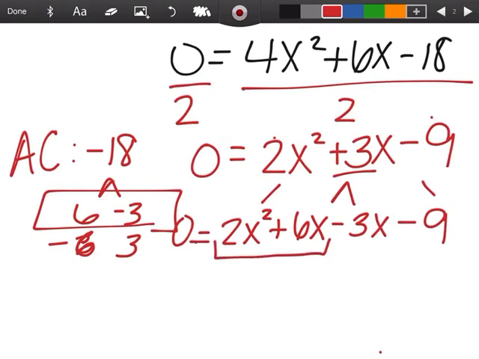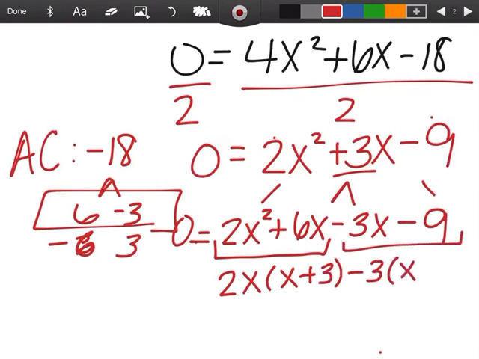So then I'm going to factor by grouping. When I factor out a 2x, I'm left with x plus 3. And then here, when I factor out a negative 3, I'm left with x, and when I'm dividing out the negative, it does end up being plus 3. So then this still equals 0.